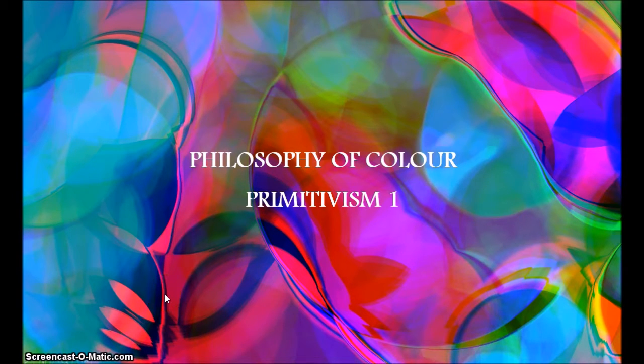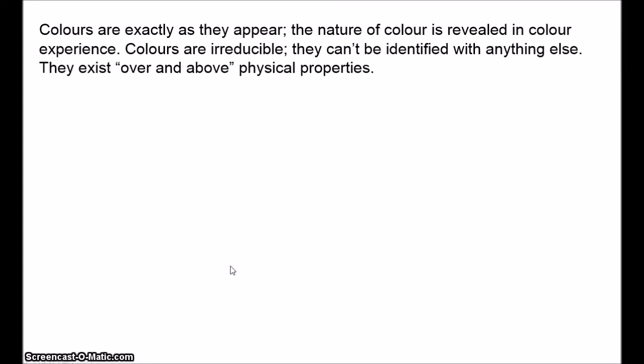Now, one view that solves all of these problems is primitivism, because primitivism says that colours are exactly as they appear. The nature of colours is revealed in colour experience.